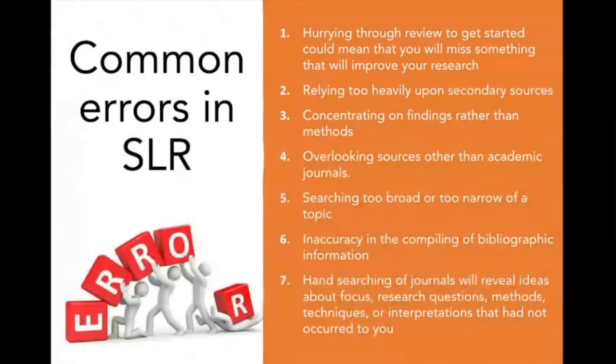Okay. It is important to check the quartile, journal quartile, article quartile, so that you can pick a very good journal, because a very good journal contains very interesting findings. That's why it is published in that journal. Okay, and then relying too heavily upon secondary sources.